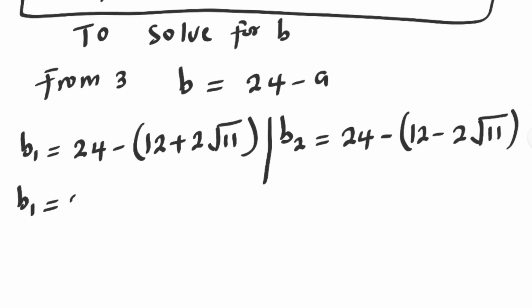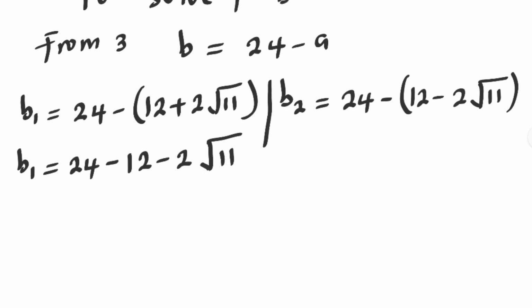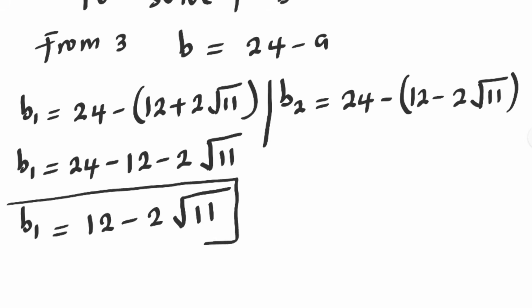B1 is equal to 24. If you open the bracket with negative, we have minus 12 minus 2 root 11. B1 is equal to 24 minus 12. This is 12 minus 2 square root of 11. This is the value of B1.